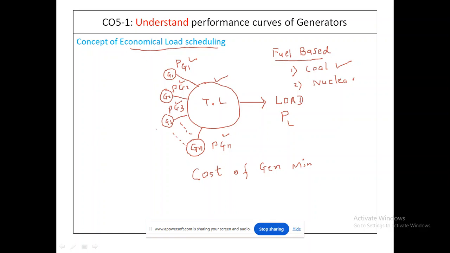So in economical load scheduling, we are trying to reduce the cost of generation and supply the load. Now here there is one important point. Cost generally means capital cost, that is the investment cost, or investment plus operational cost, or we can say running cost.